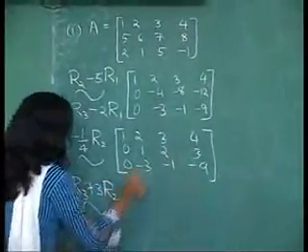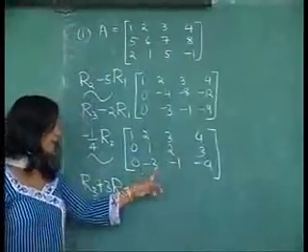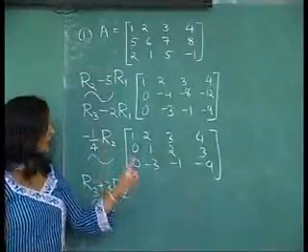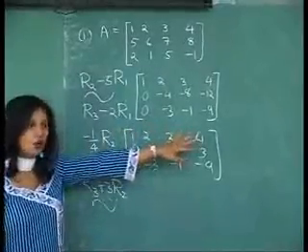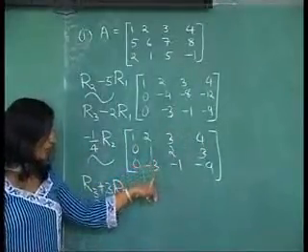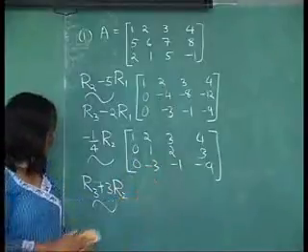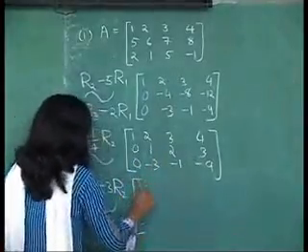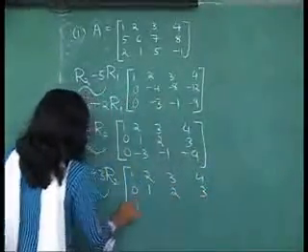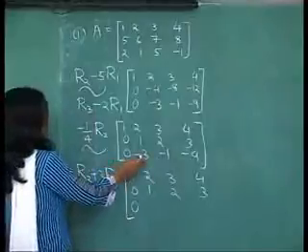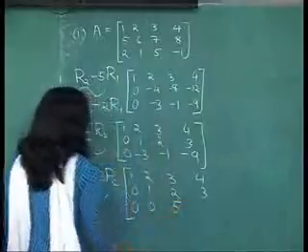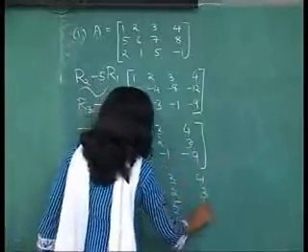At this stage, plus 6 is 5 and minus 9 plus 9 is 0.